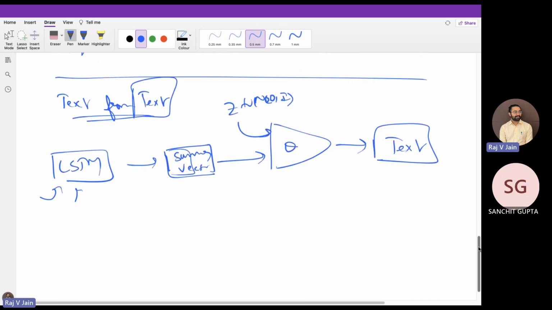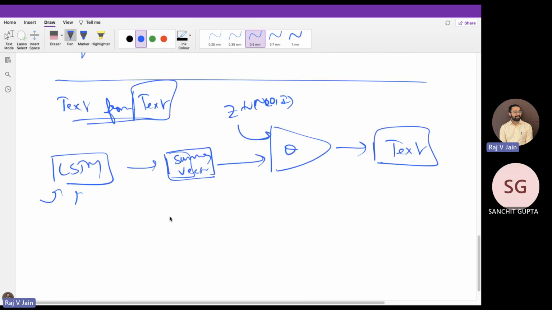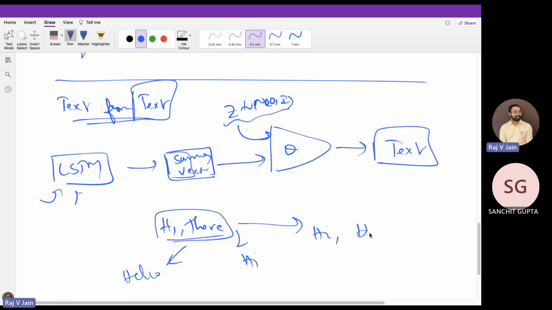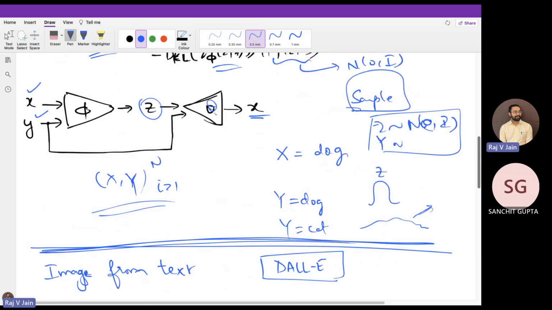ChatGPT has a lot more stuff in it, but a basic version could be something like "hi there" as an input to the model. Because I have some randomness, it could give hello or hi, how are you doing, etc. These are all valid responses that you would want for this particular summary vector, for this particular condition. That randomness is induced by this z, and this theta is supposed to generate a text. That's the idea.